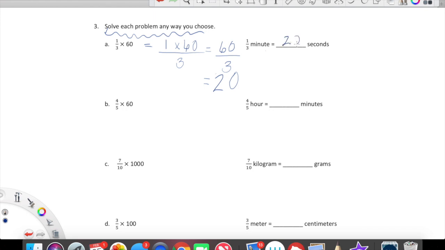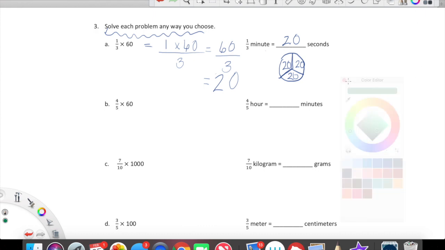Sorry, guys, that took me a second. 1/3 of a minute is equal to 20 seconds because if we had this pie chart broken into 3 equal pieces, 1, 2, 3, and the whole represents 60 because there's 60 seconds in a minute, if we were just to look at 1/3 of a minute, yes, that would be 20 seconds. I needed to check in with my logic there.